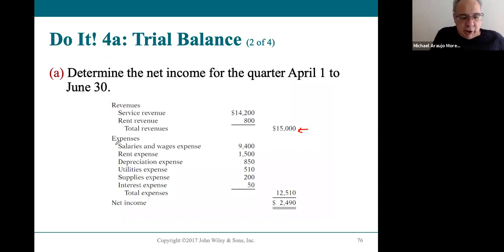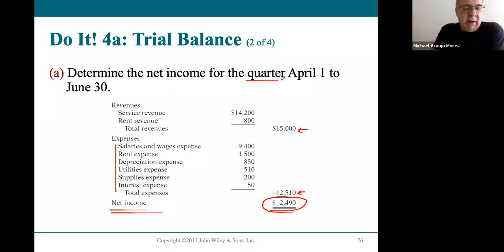You would list all your expenses in the first column. The second column gets your total, 12,510. So this company had a profit of $2,490 for their first quarter. Nothing to write home about, but it's better than the alternative. So that was part A. I would have preferred you do a formal income statement.